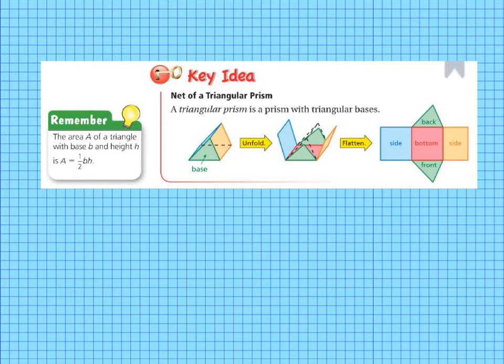Be sure that the picture and the definition make it into your notes. There's also a reminder on the side that the area of a triangle with a base B and a height H is area equals 1/2 base times height. That will help you as you're figuring out surface area. Be sure all of this makes it into your notebook so that you can remember it.